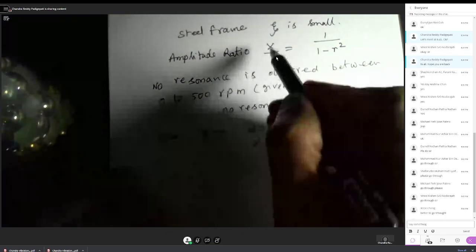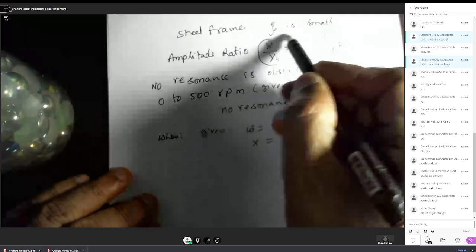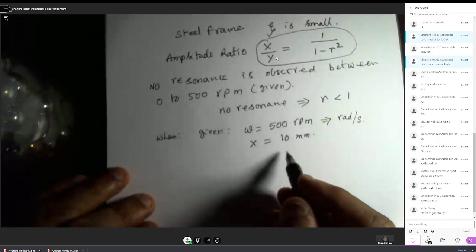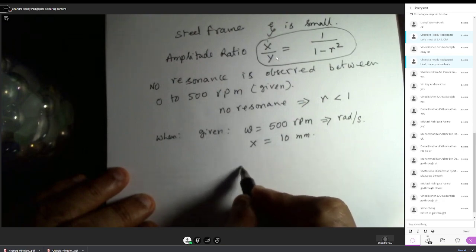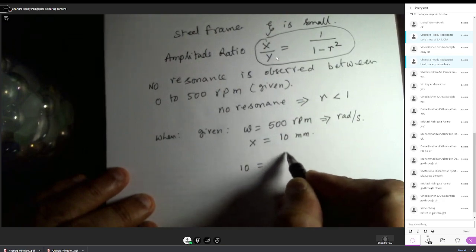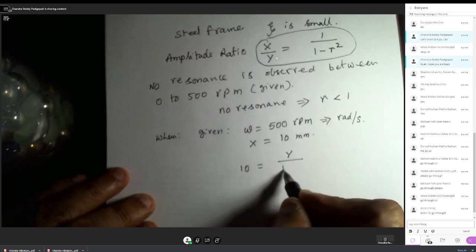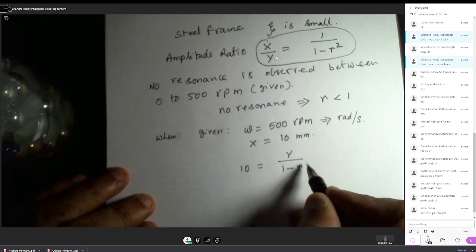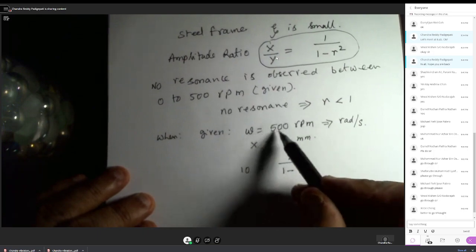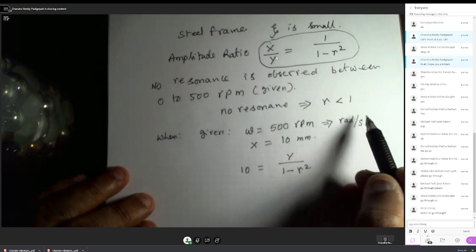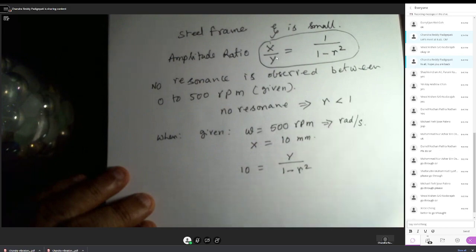So now from this expression, we can write 10 is equal to y over 1 minus r square. Okay, so guys, let me know how much is 500 RPM in terms of radians per second.